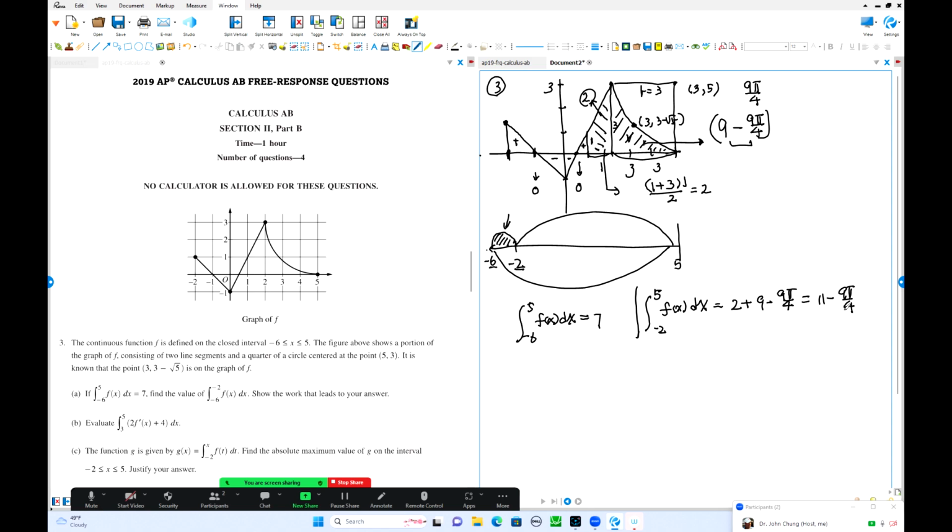All right. To find the area from negative 2 to 5, we take this area away from the entire area 7. So the integral from negative 6 to negative 2 of f of x dx equals 7 minus, taking off 11 minus 9 pi over 4.